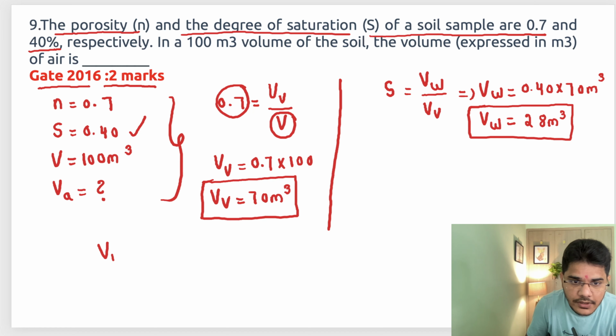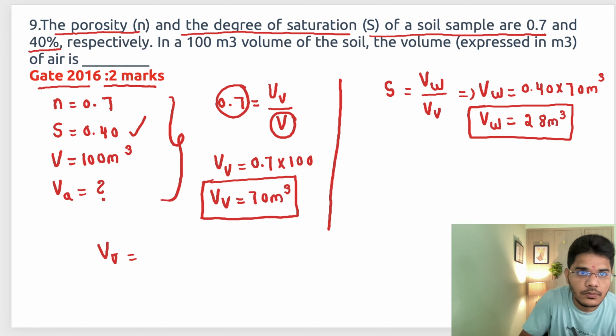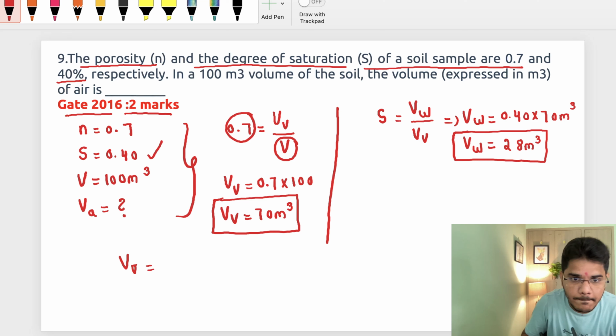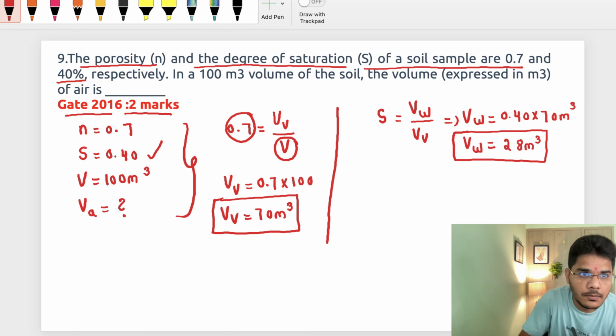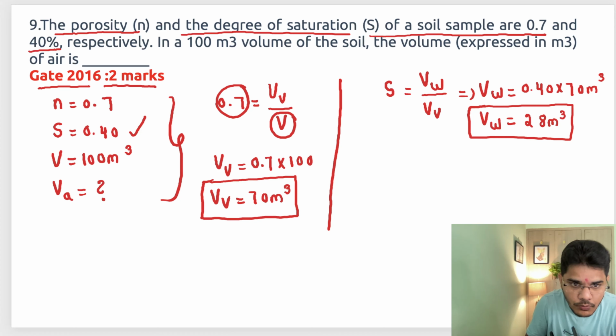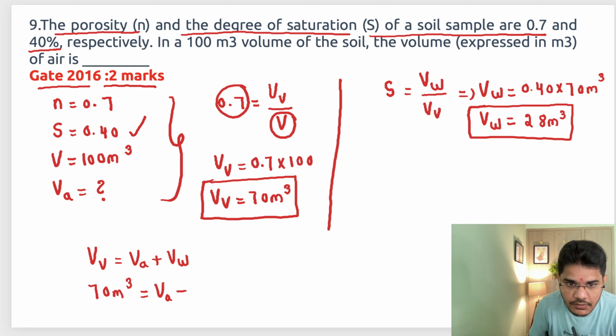Volume of voids is equal to volume of air plus volume of water. Volume of voids is 70 meter cube, which is equal to volume of air, the unknown that we have to calculate, plus volume of water, which is found to be 28 meter cube.